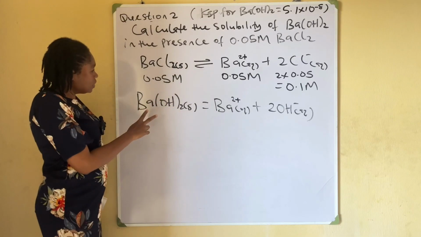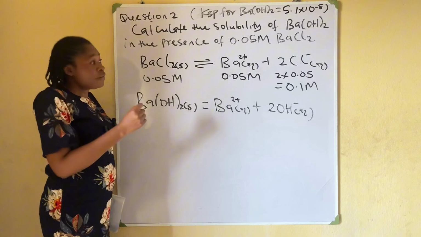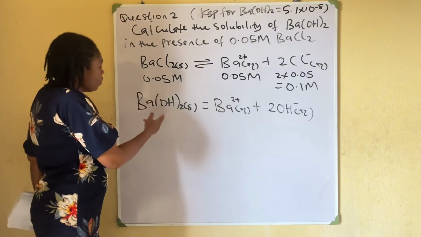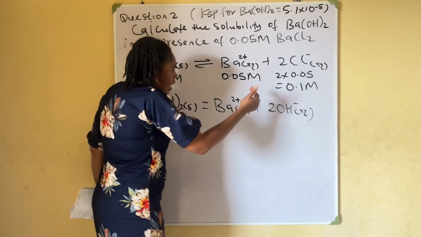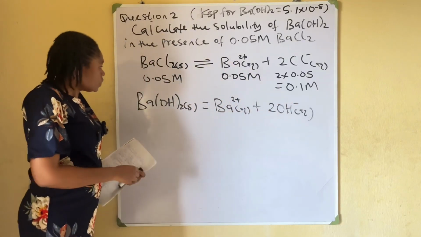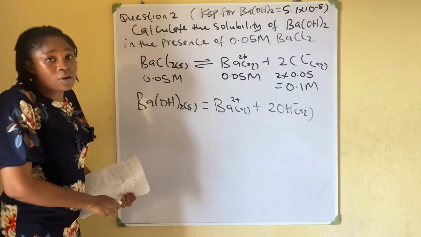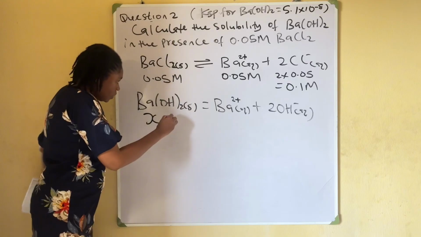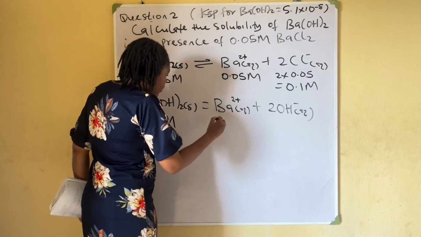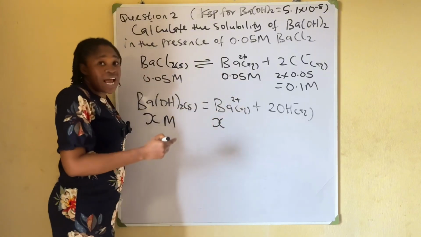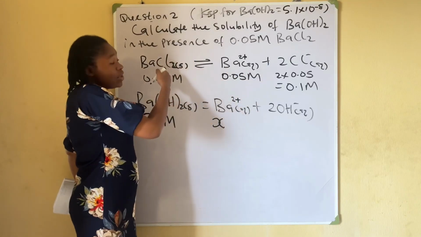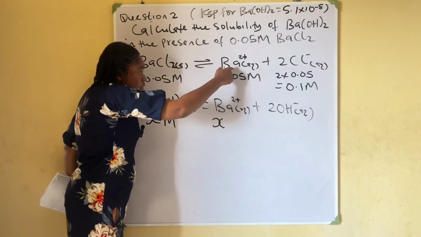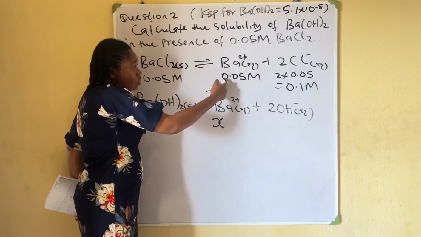Okay, look at this. We're going to write a solubility equilibrium equation for barium hydroxide. For barium hydroxide, the ions present are barium ion and hydroxide ions. We are looking for the molar solubility of barium hydroxide, so let it be S. Barium ion is S plus the common ion effect: the barium ion from barium chloride, concentration 0.05.